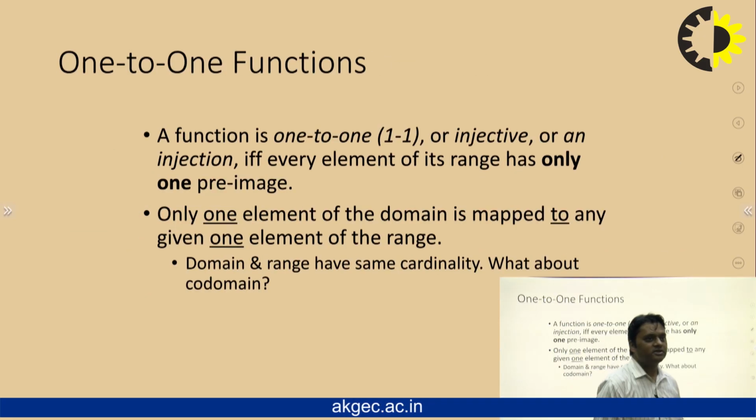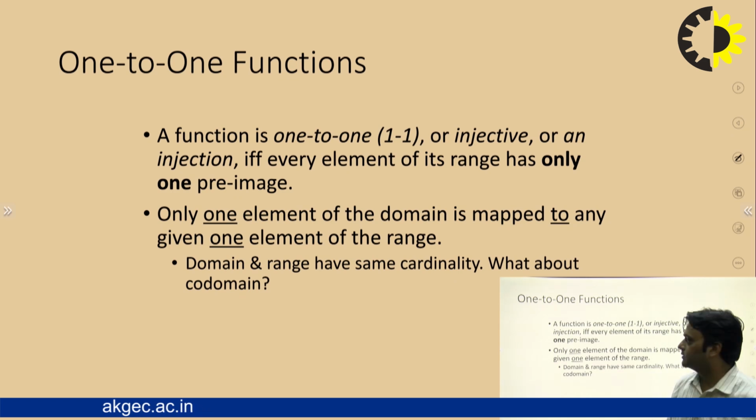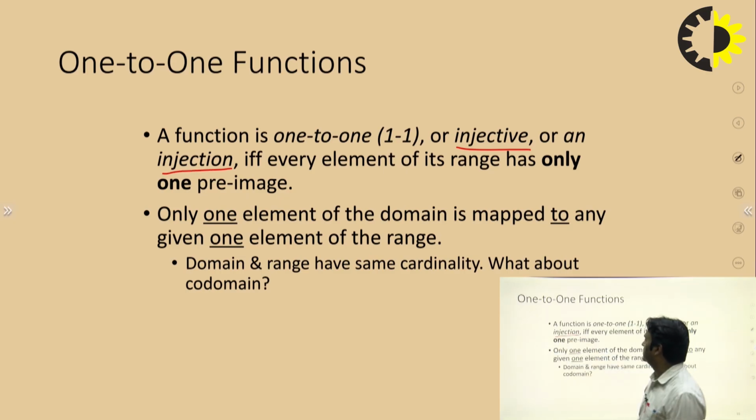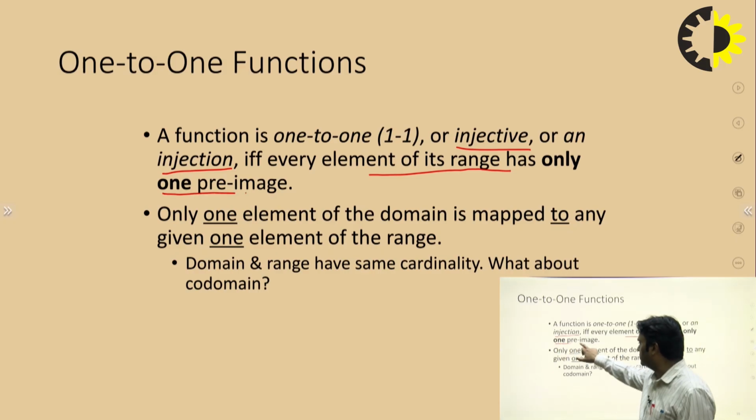There are various types of functions. The first one is the one-to-one function. A function is one-to-one, or injective, or an injection, if every element of its range has only one pre-image.